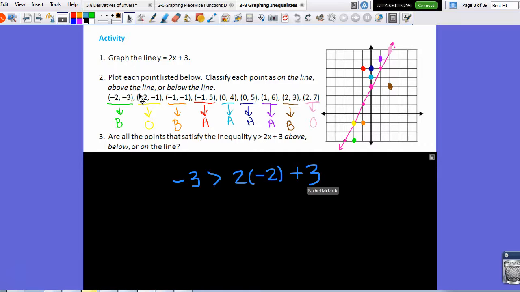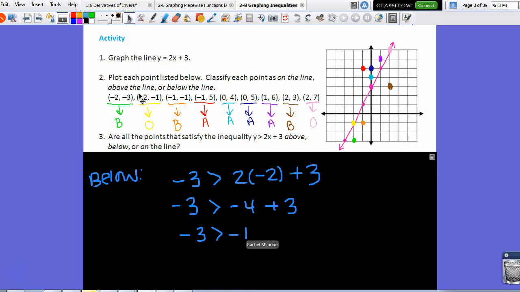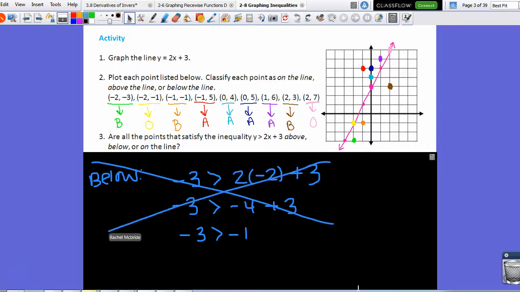So if you plug in a point that came from below, we get that -3 is greater than -1. Is -3 greater than -1? No. So since that is false, then below the line answers are not true.